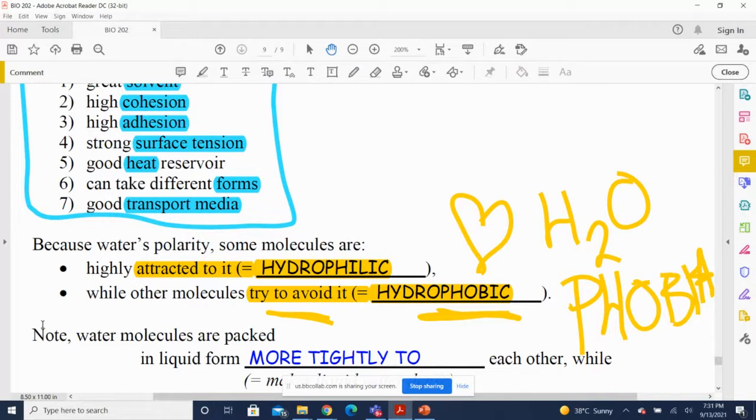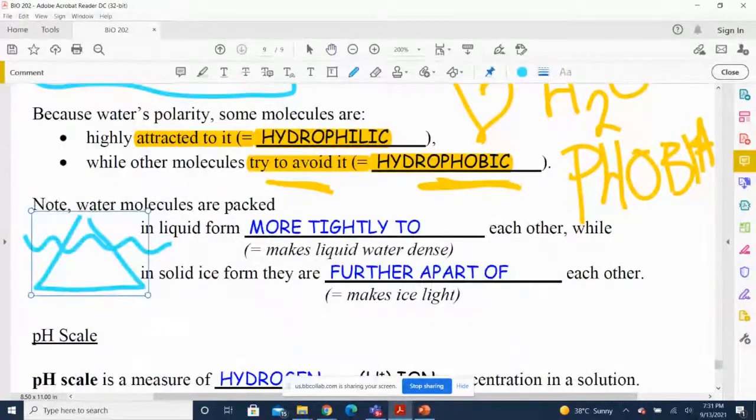And the other thing that we noticed, we talked about icebergs, is that when water is liquid, the water molecules are more tightly attached to each other. But when we have ice, the water molecules end up taking a larger space between each other. So that's why the same volume of water takes a larger space when it's frozen.